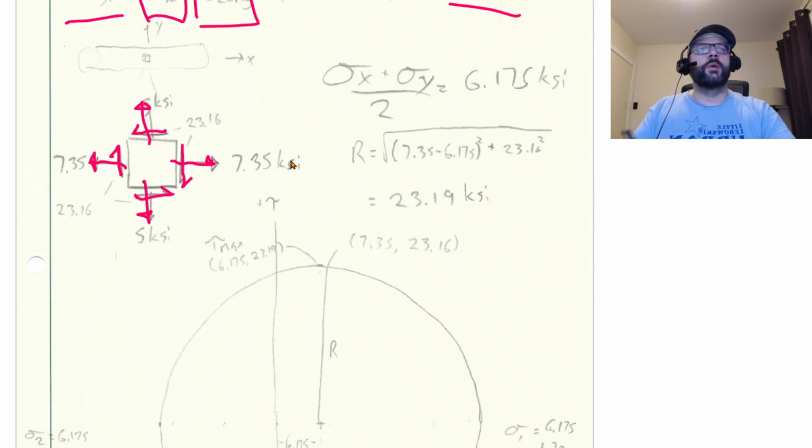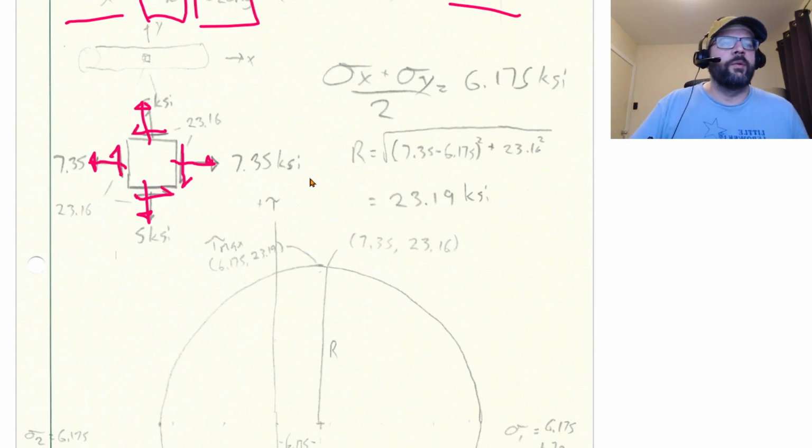So when we're doing our Mohr's circle, the first thing we do, now that we have our element defined, is figure out where stuff is on Mohr's circle. Our center of Mohr's circle is going to be based upon the X and Y stresses.